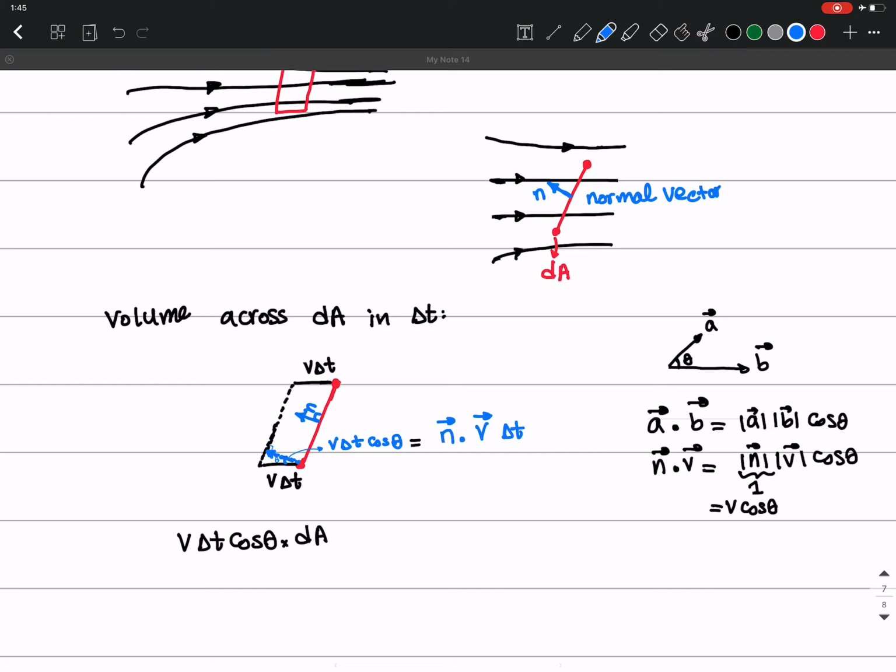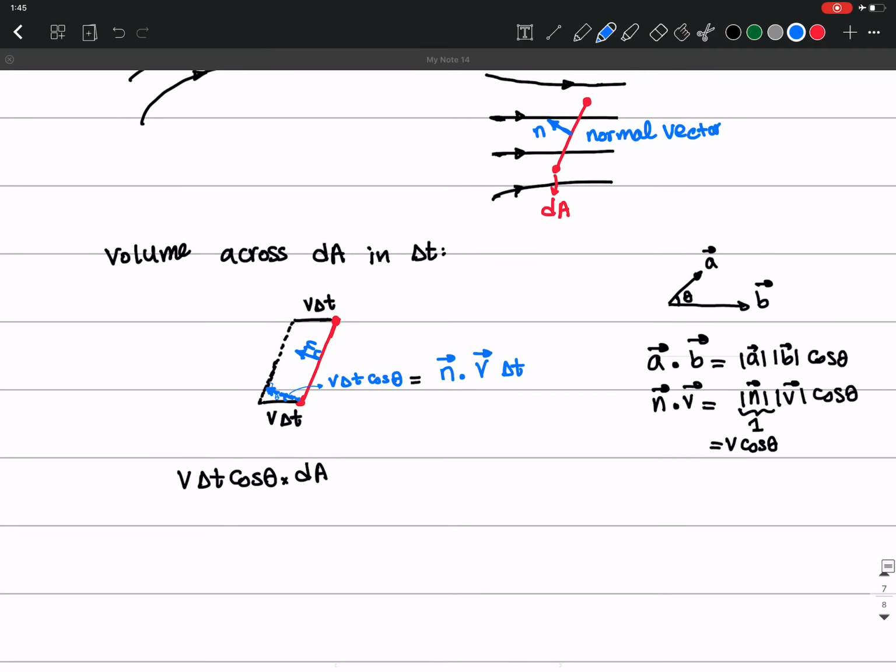So we can define this as n dot V times delta t. Okay, so I can just write V delta t cosine theta times dA as, for any general thing based on the normal vector, n dot V times dA times delta t.